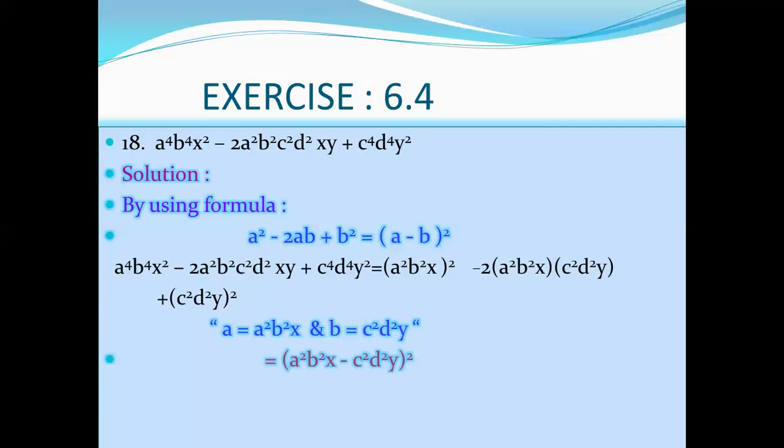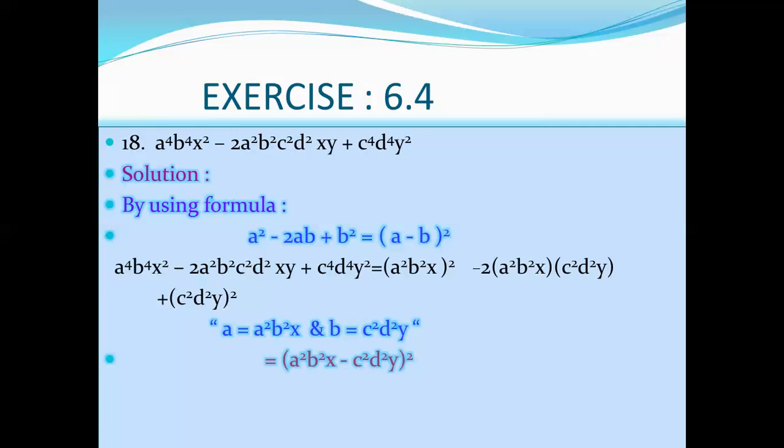Three variables are there. Then minus 2ab, a square b square x, c square d square y, and plus the last term c square d square y whole square. And this is equal to a minus b whole square, so we replace a with a square b square x minus b, which is c square d square y, whole square.